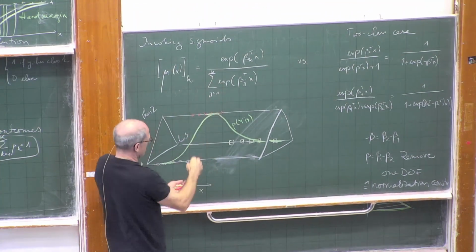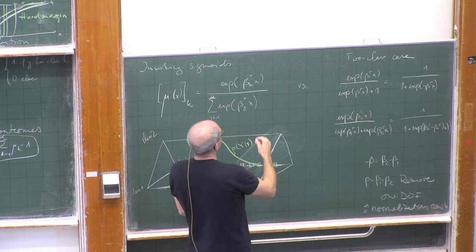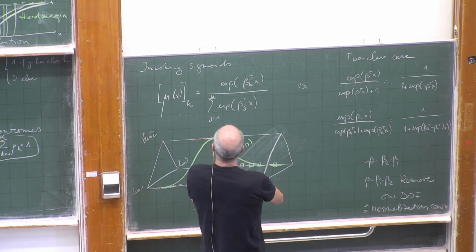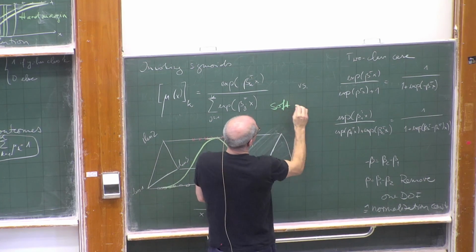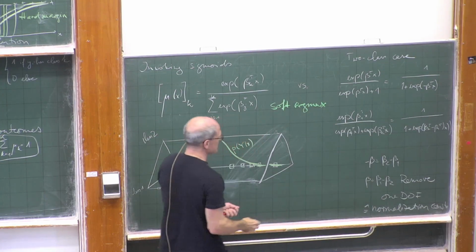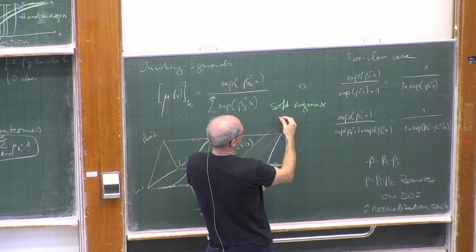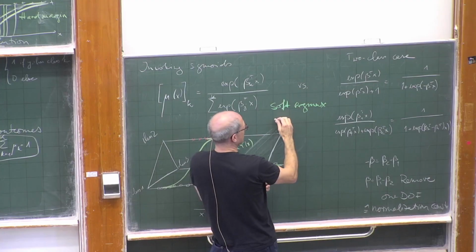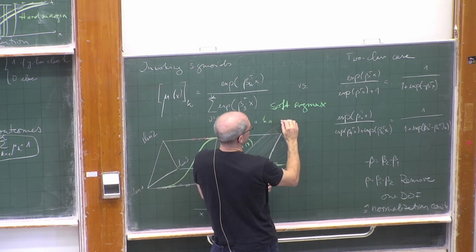So here, we don't use the argmax, but we are using the soft argmax. Yeah, so this thing here is a soft version of the argmax. And unfortunately, in machine learning, this is shortened as softmax.